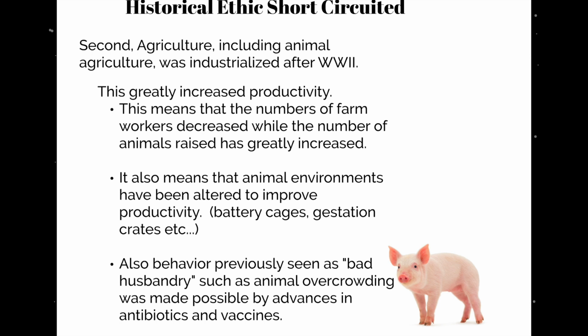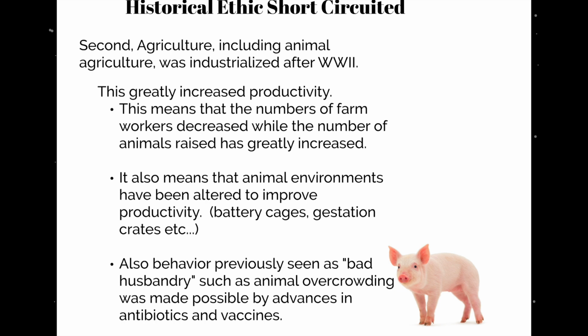And we also have marked changes in how these animals are being raised because of the changes in farms to increase productivity. In addition, behavior previously seen as bad husbandry, such as animal overcrowding, was typically allowed or made possible by pharmaceutical advances, with the development of antibiotics and vaccines.